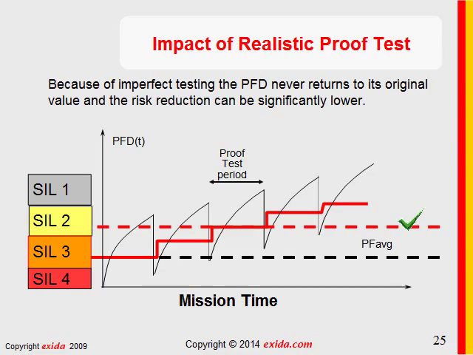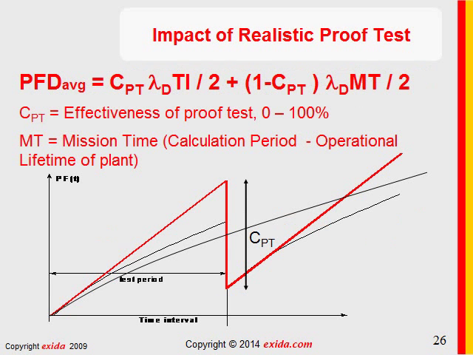Oh boy, is that a big deal? Yes. Countless examples show that it'll change. That variable alone can change a result by one whole SIL level, as you can see on this slide.